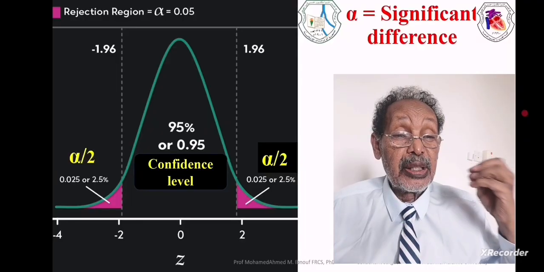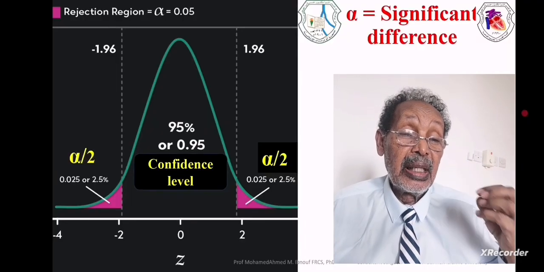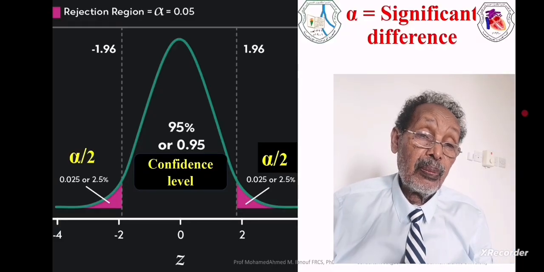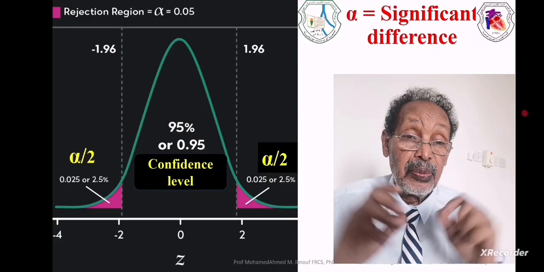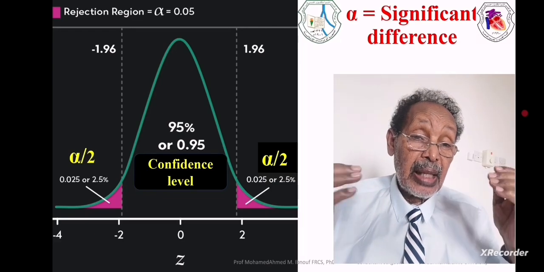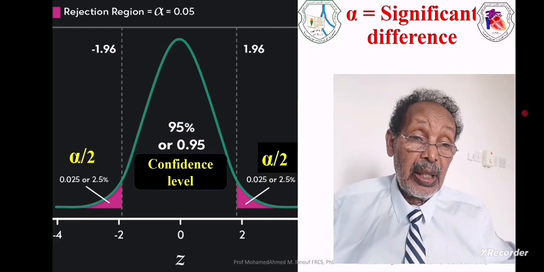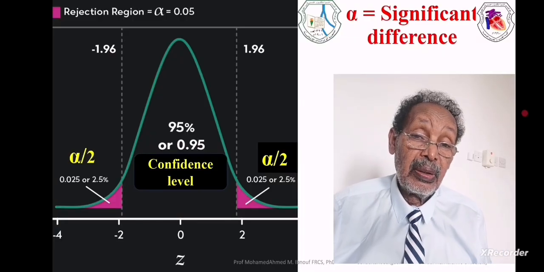Remaining only 5% difference, which is the statistically significant difference, and that is split equally into two halves, each half above and below the limits of our 95% confidence interval. That is alpha divided by 2 above the upper limit and alpha divided by 2 below the lower limit.